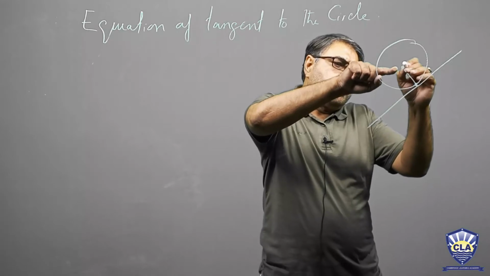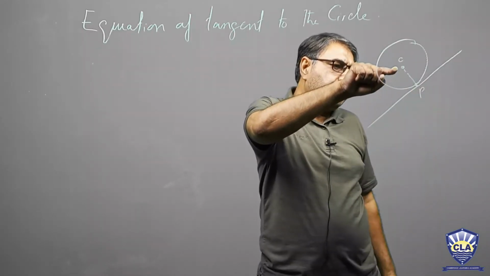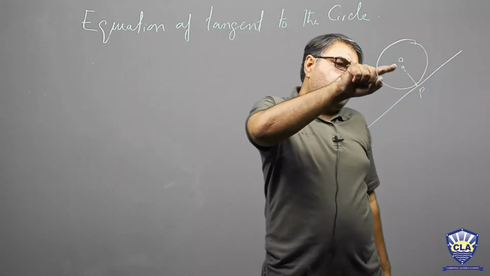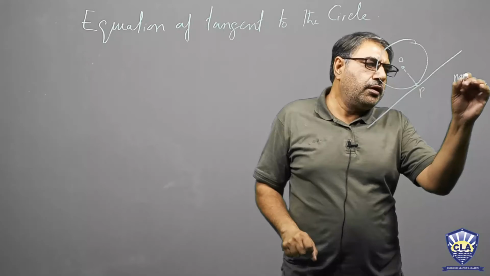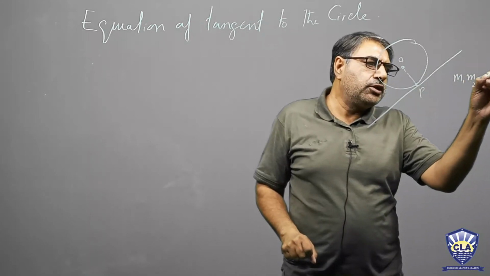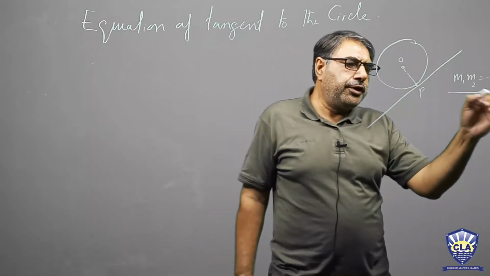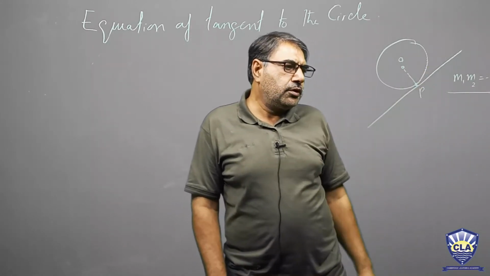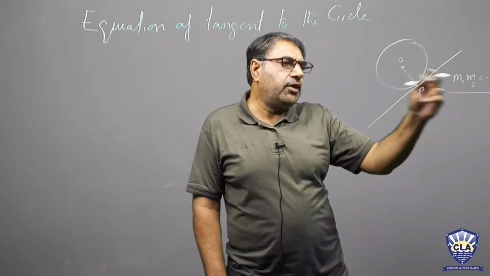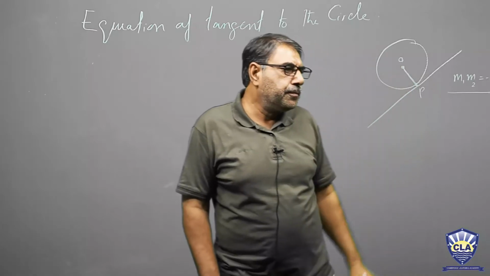Find the gradient of the center of the circle and this point P. And then use m1 m2 equals to minus 1, the perpendicular gradient. So you can find the gradient of this tangent with the help of m1 m2. First of all, find the gradient of OP.